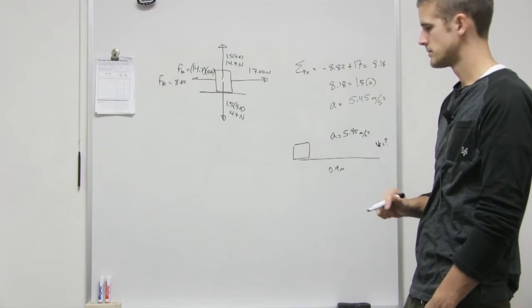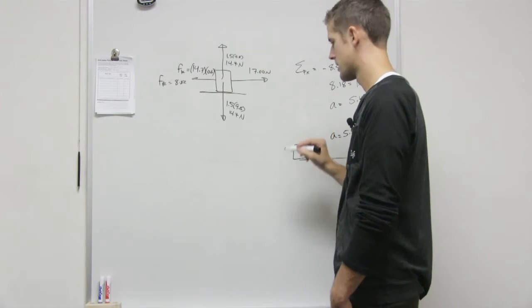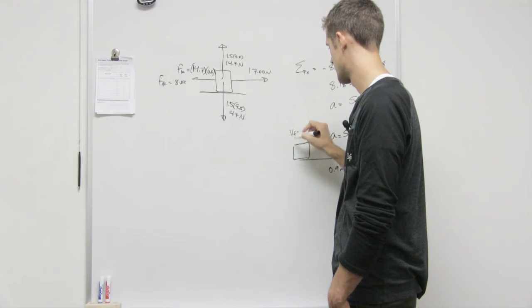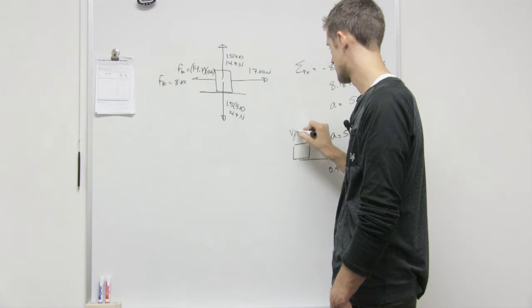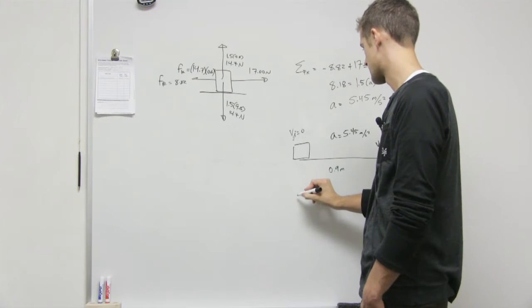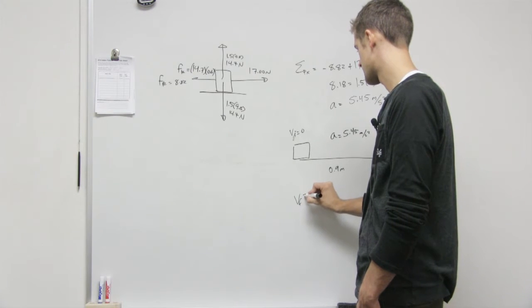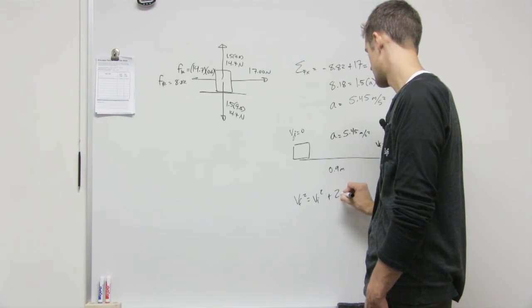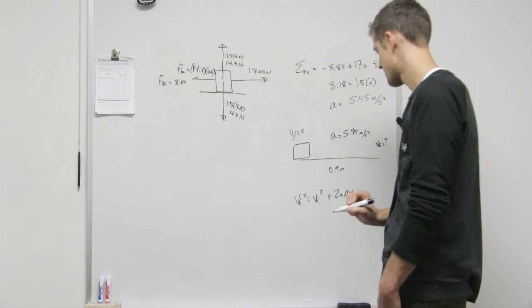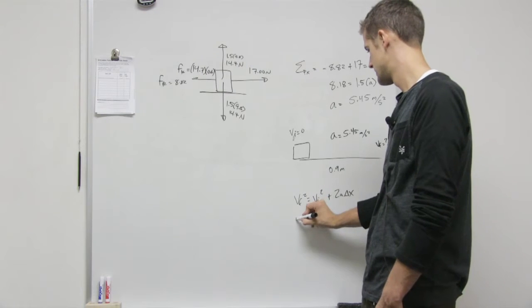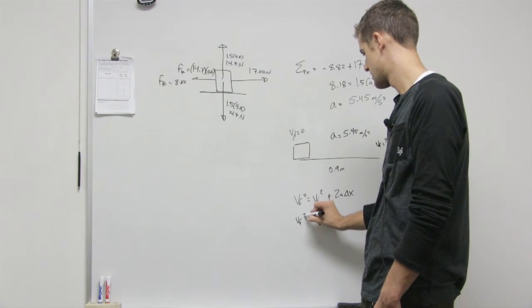What do you know about the beginning? The initial velocity equals 0. So then you can use this equation: V final squared equals V initial squared plus 2a change in x. So we're trying to find V final.